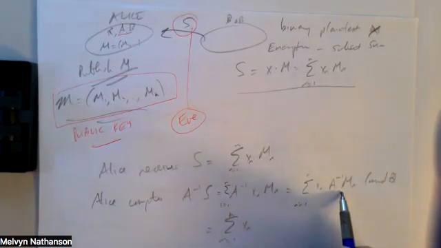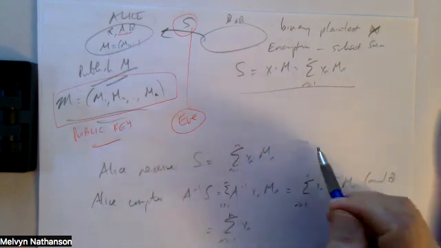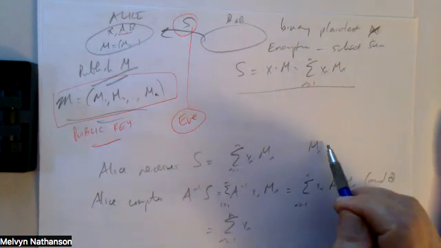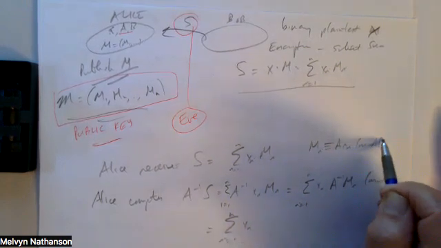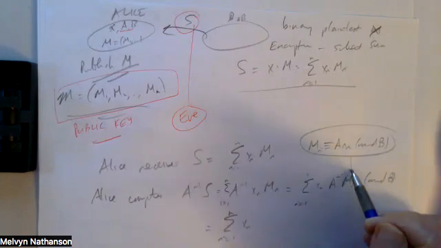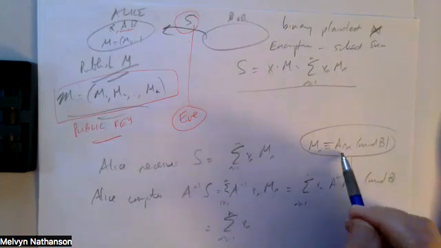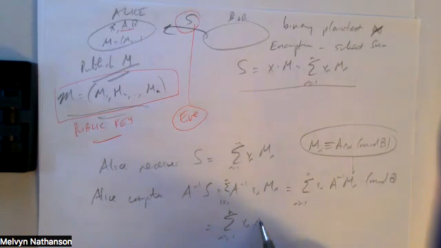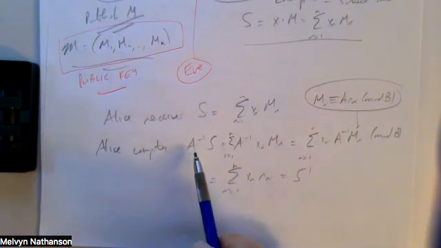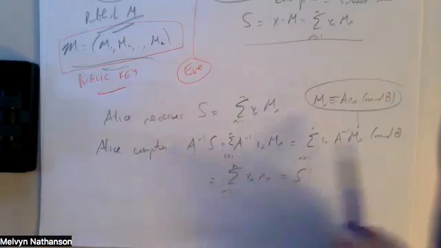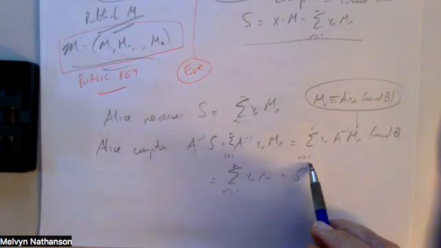But m sub i is AR sub i mod B. So A inverse M sub i is R sub i mod B. So Alice gets the number S and she multiplies it by A inverse and reduces it, looks at the congruence class mod B. That's a number S prime.